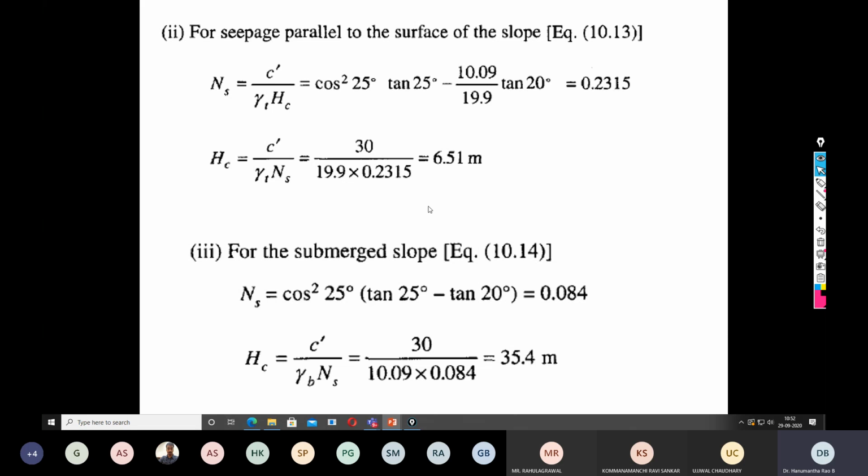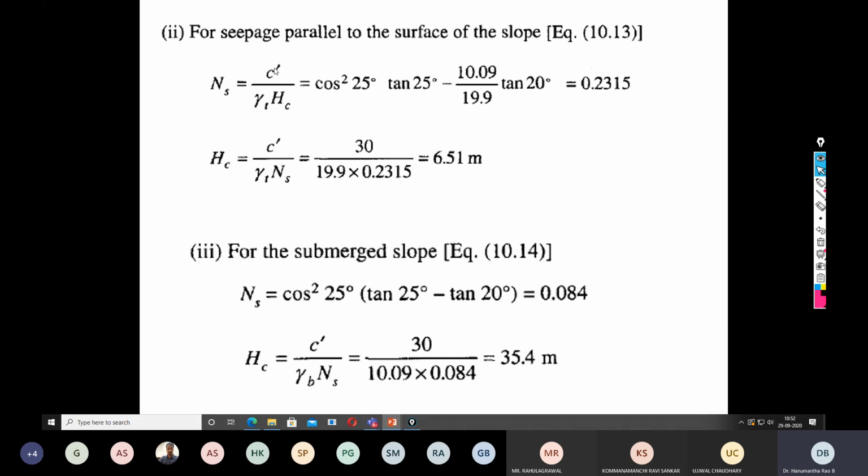But when I talk about the submerged slope, there was no movement of water at all. The entire slope is under the water. So the water weight itself is acting in a positive direction. Because of this additional weight of the water, which is adding to the weight of the soil sample, but not in a way the seepage is happening.